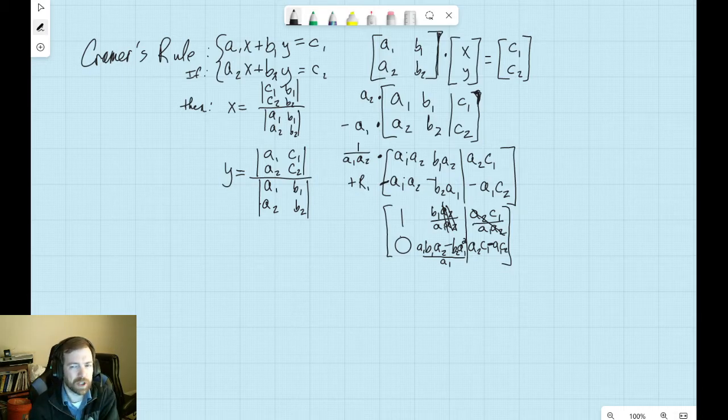Some of this stuff is going to clean up. Right, or we could divide both sides. I guess we could just divide both sides. Do it as the whole equation. So this is also going to be multiplied by 1 over A1.